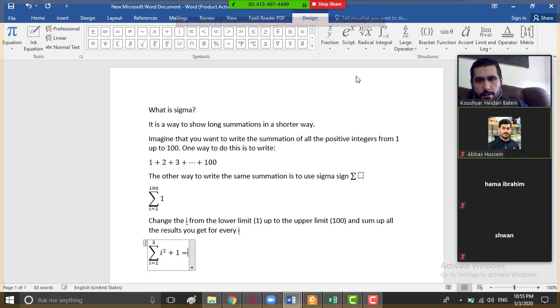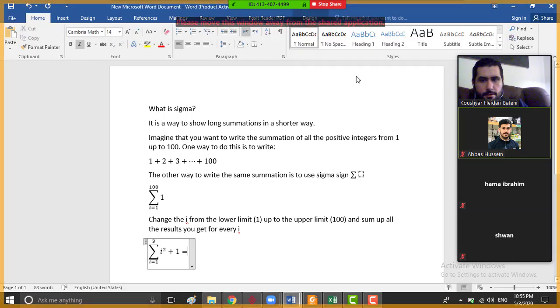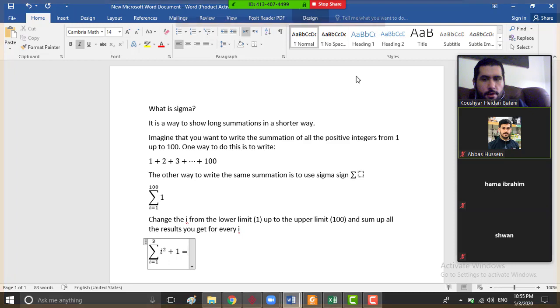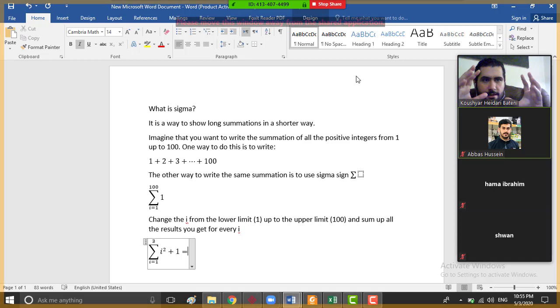Now, if I want to calculate the value of this sigma, what should I do? I evaluate the value of this function i squared plus 1 for i equal to 1, then for i equal to 2, then for i equal to 3, and add up these three values.